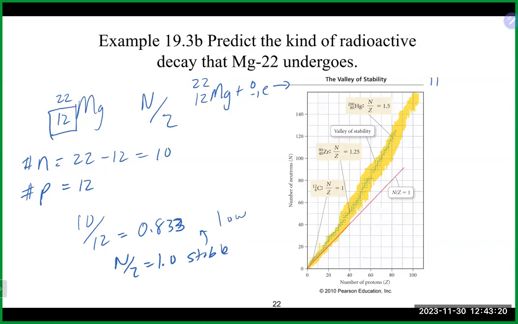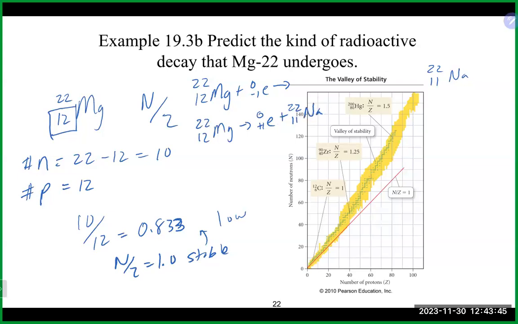I'll just do it way over here. And 22 minus 0 plus 0 is 22. 11 on the periodic table is sodium. So that is what we should end up with. If you did the positron emission instead, you will end up with the same thing here, 22 and 11, which is our sodium.